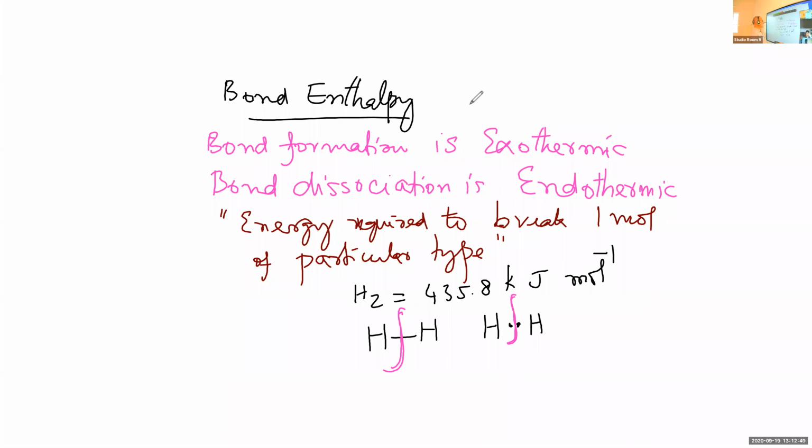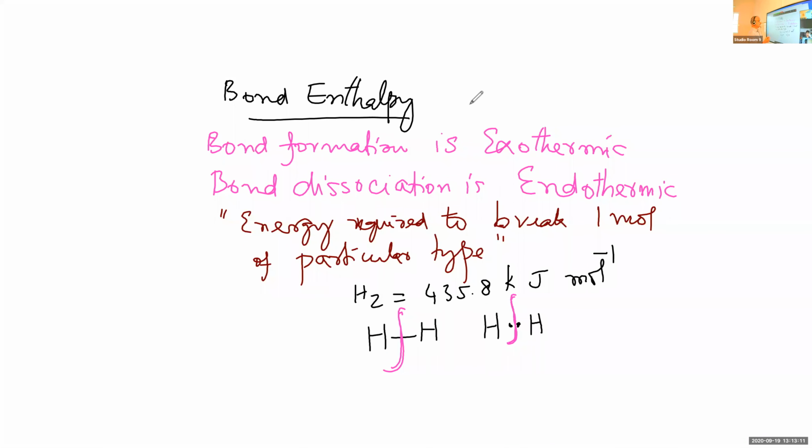Okay, so come to the definition again. Bond enthalpy is the energy required to break, to dissociate 1 mole of a particular type of bond. A particular type of bond. That is called the bond enthalpy or bond energy.